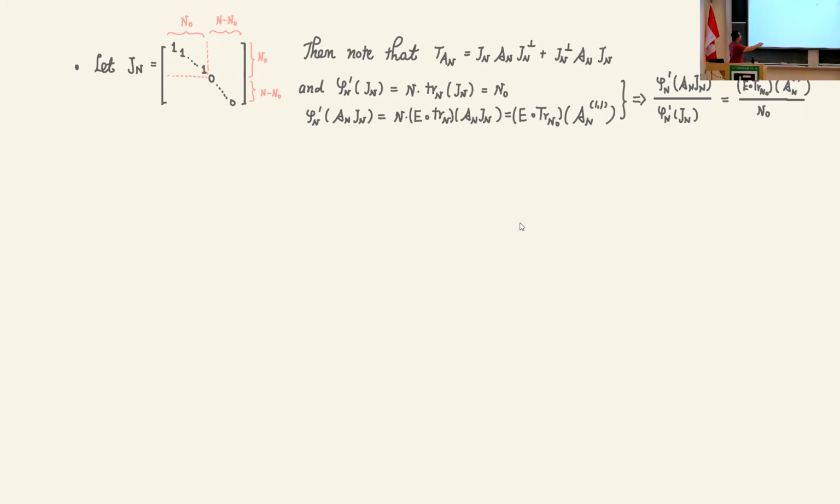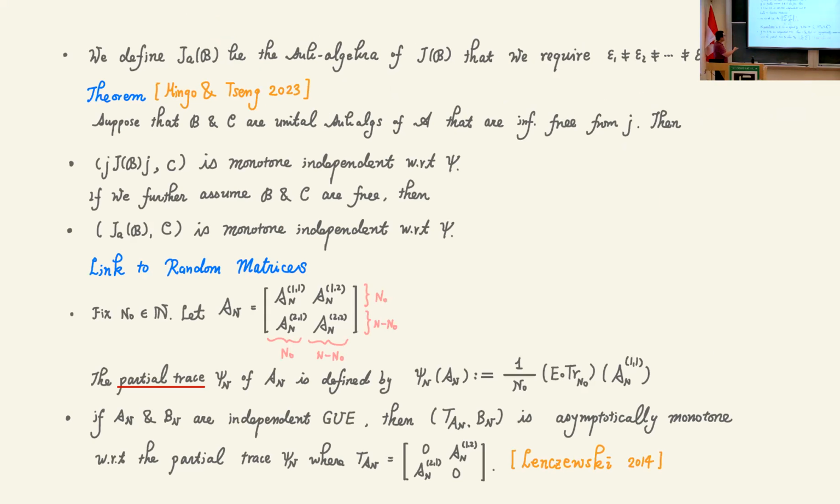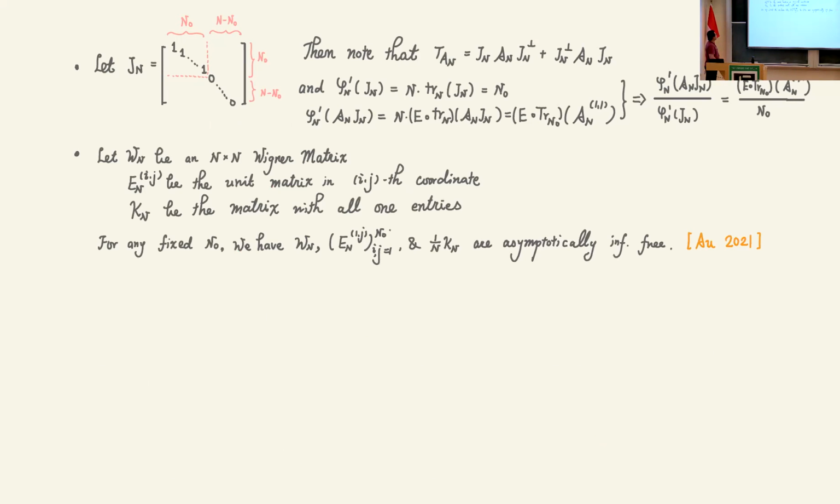Which means if you consider this one dividing this one, we get back that one, the expectation of the trace. Then what's this one? If you just go back to check, yes, it's exactly phi_M. But what's this useful for?